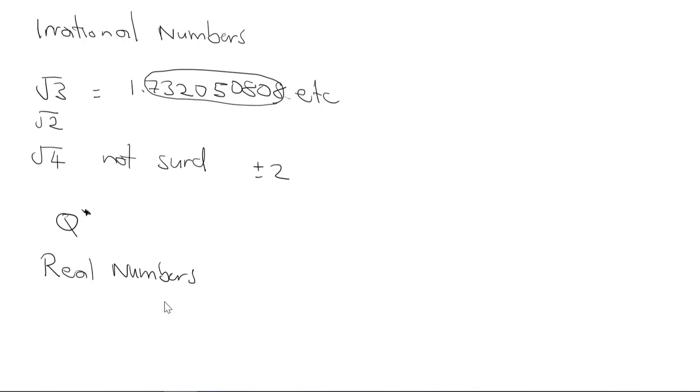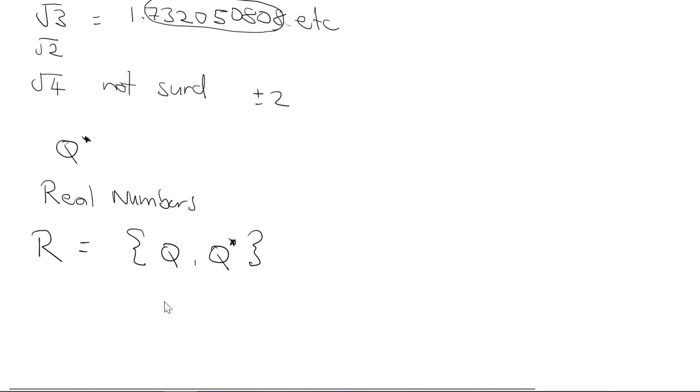And we denote the set of real numbers by R. That's a capital R. And this is equal to Q, which is the set of rational numbers, and Q star, which is the set of irrational numbers.